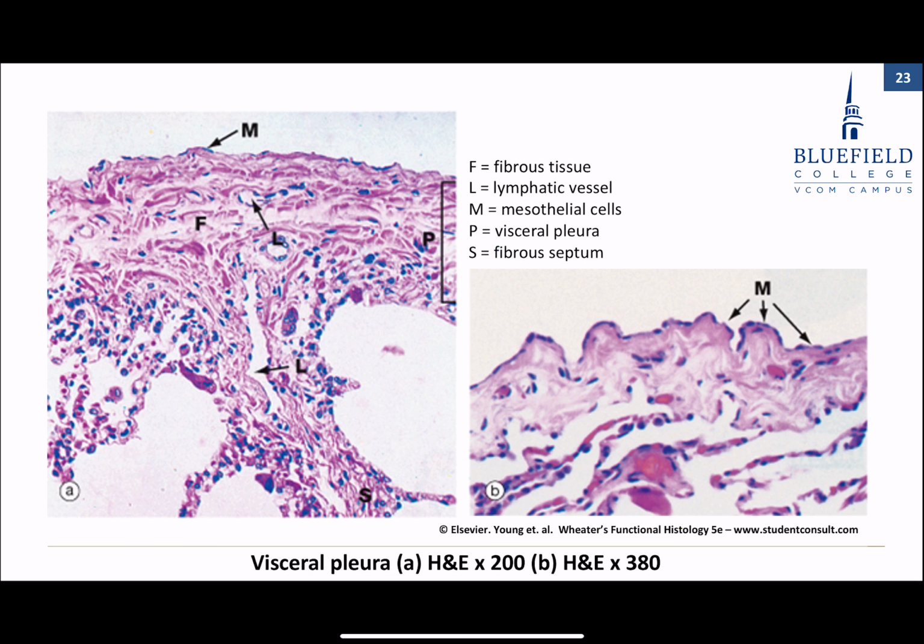That small amount of serous fluid makes it so that when you inhale and exhale, as the lining of the lung is sliding against the lining of the thoracic cavity, it slides very easily. Best analogy I've got: when you made a wet mount on a microscope, put a drop of pond water or a drop of water in it, and then dropped that cover slip on there, that cover slip really slides easily, doesn't it? That's what's happening here between the two linings.